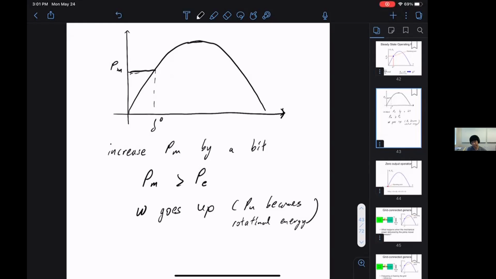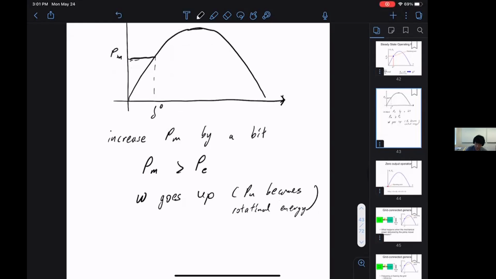If the frequency is higher, the angle gets bigger, right? Because delta dot is omega, the time derivative of angle. The time derivative of angle is frequency. Okay. So any questions up to here?